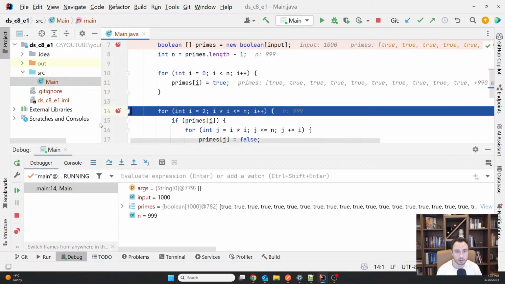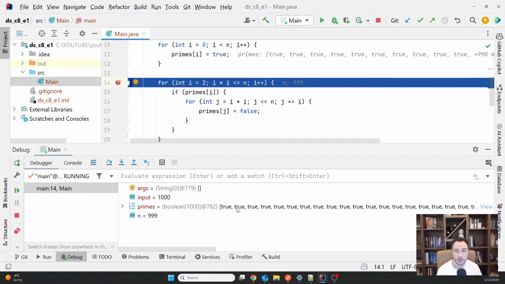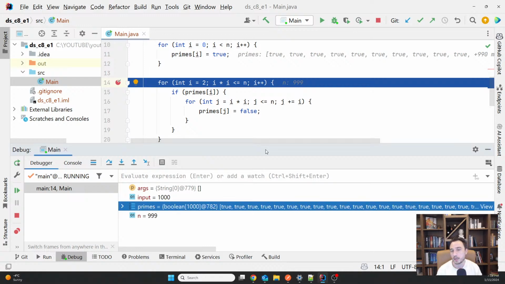So you know now, and please look here, that everything changed into true, meaning we do consider all the values being prime. And remember, the first two are not interesting because they represent values 0 and 1, which we know are not prime. But we start from 2.